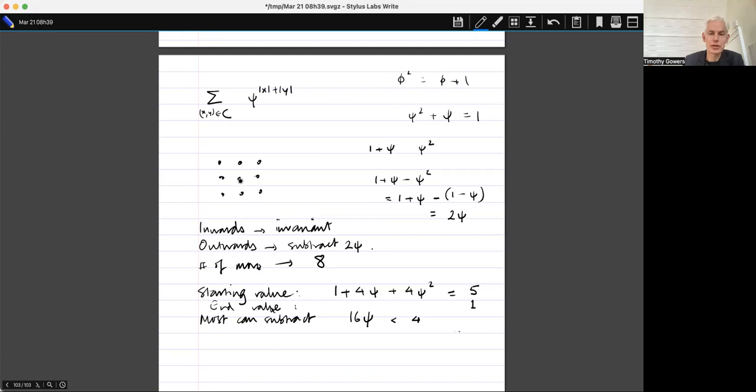I can subtract 2 psi once, but then to do it again I'd have to get something onto 0. That's actually going to be quite difficult. In fact, it's hard to see how to do it at all.